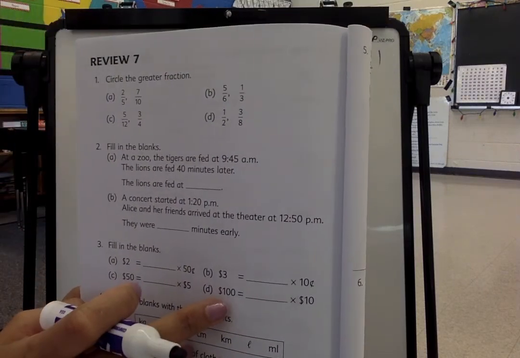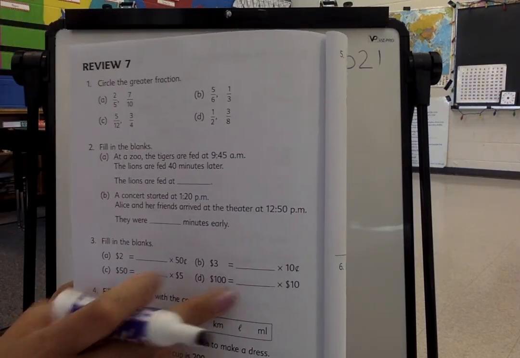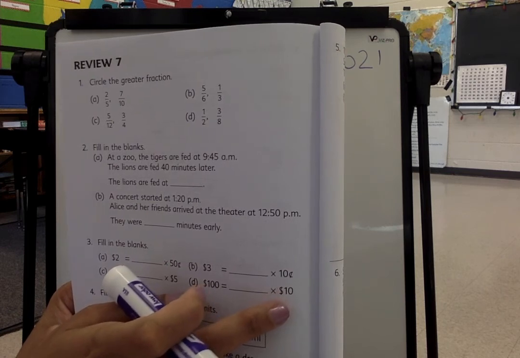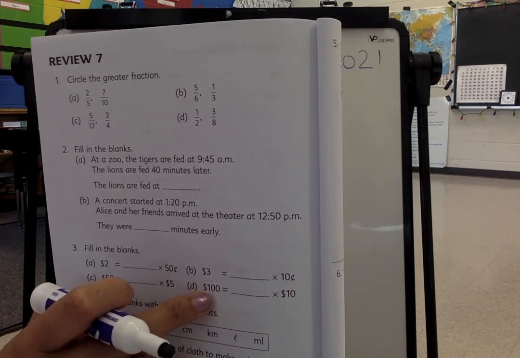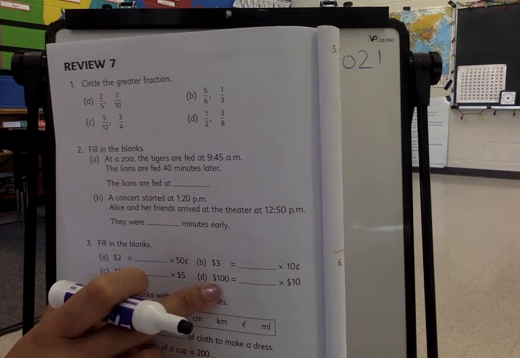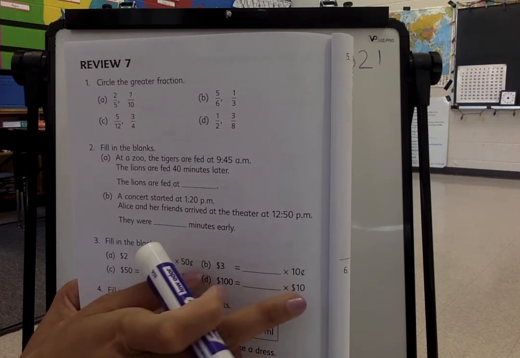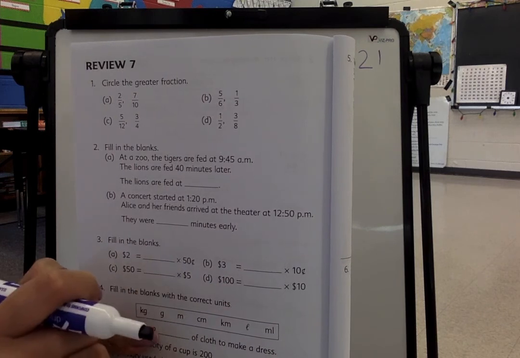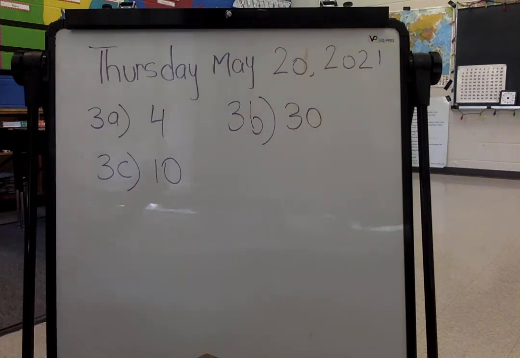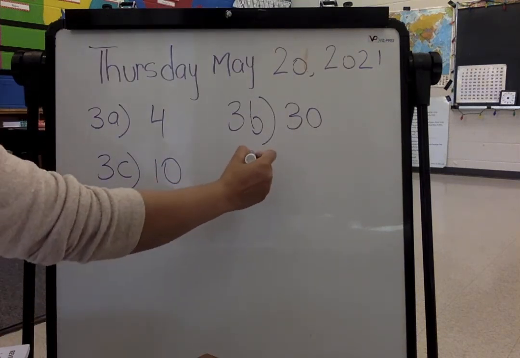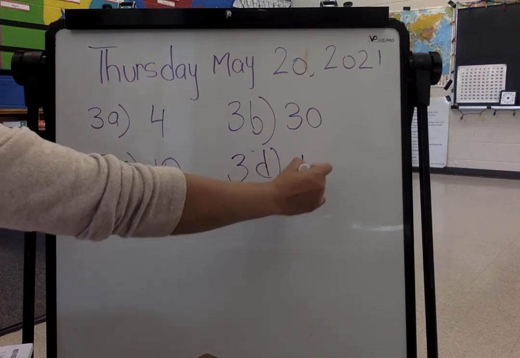Then they're saying, how many $10 would you need to make $100? So we would need 10 of 10s to get 100. So D is 10.